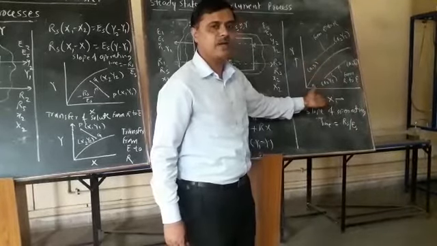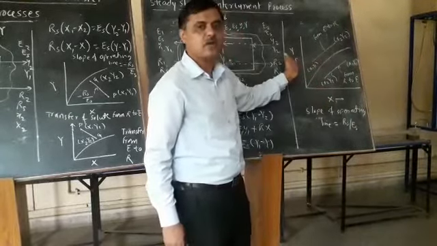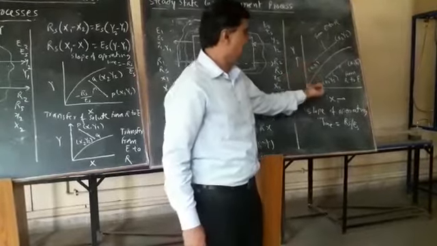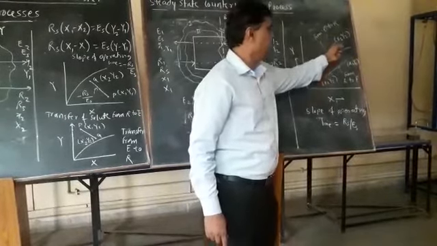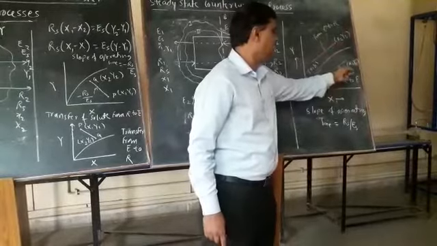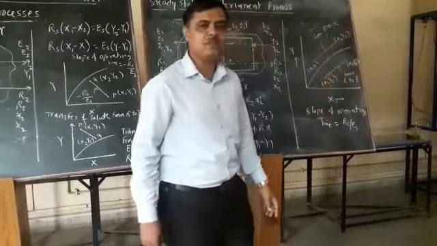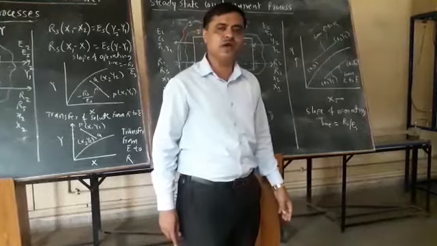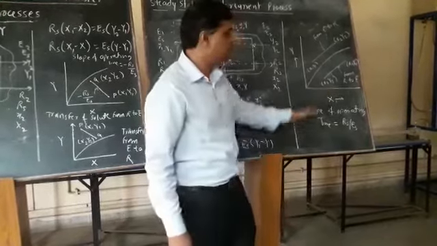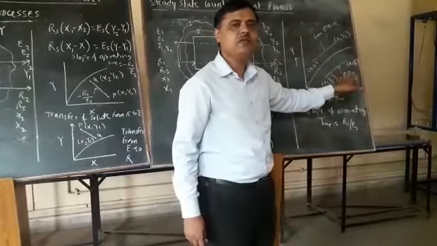This is the graph of capital X versus capital Y. The points are x1 y1 and x2 y2, and the operating line passes through these points with a positive slope, Rs upon Es.